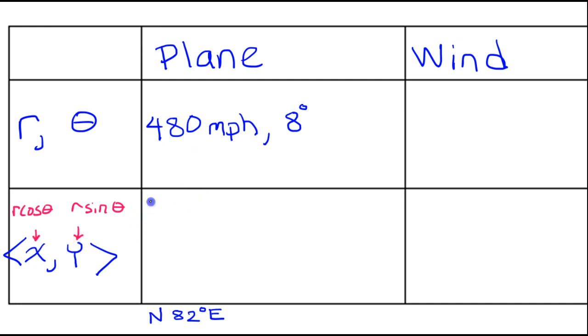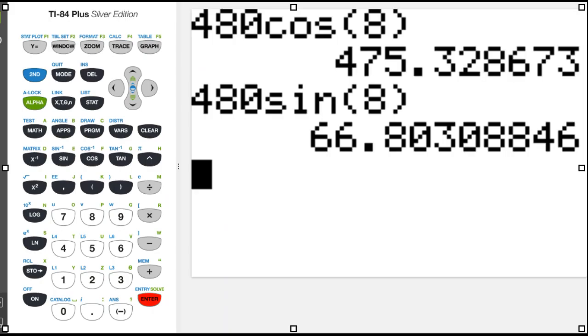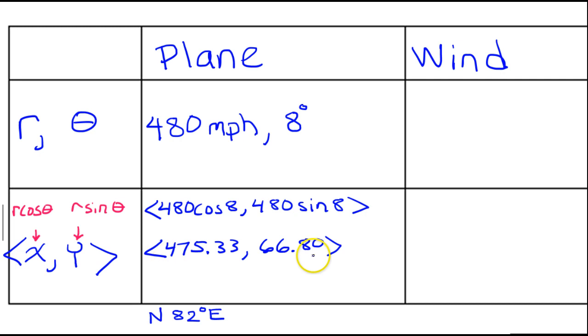So for the plane, r cosine theta means 480 cosine 8. R sine theta means 480 sine 8. So just use a calculator. The horizontal component is 475.33 and the vertical component is 66.80. And we record that on the chart right here.